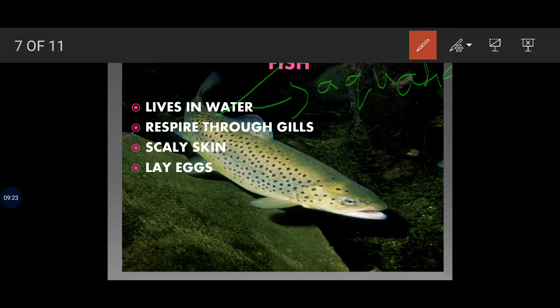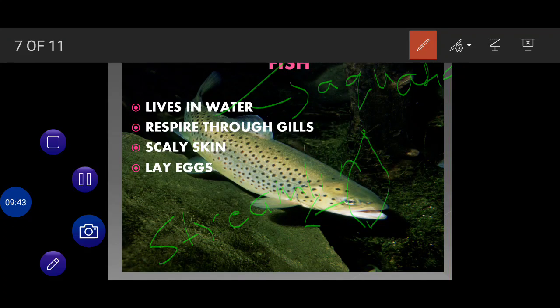Of course, outside the water they cannot survive, because their body is designed by nature in such a way that they can only live in water but not on land. They have this shape of body, which is known as streamlined.